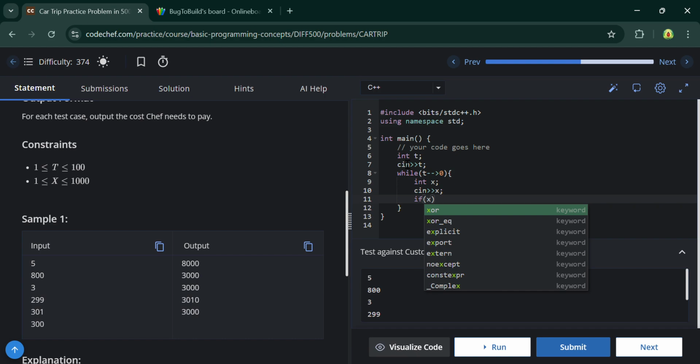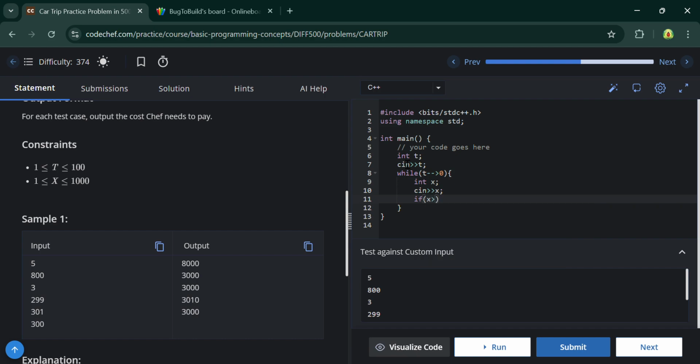If x is greater than 300, then you just have to do cout x into 10, and else you have to do cout 3000. So let's run this code.